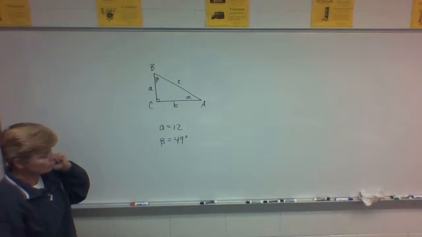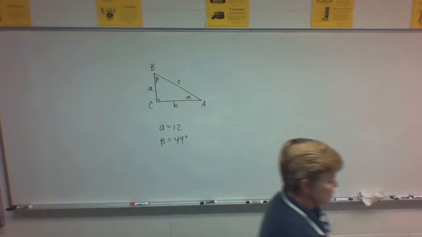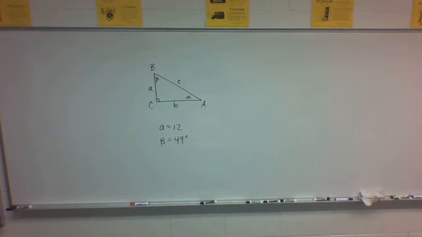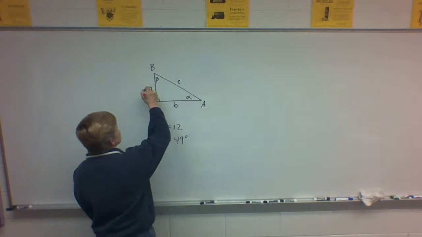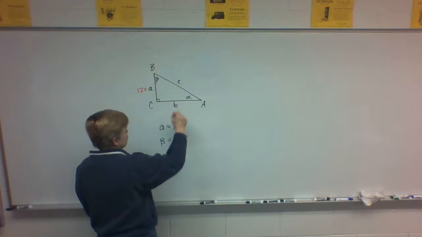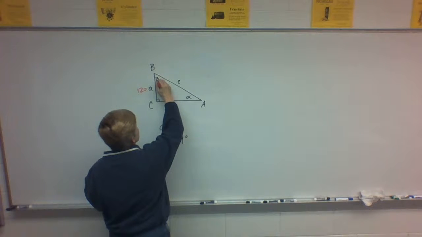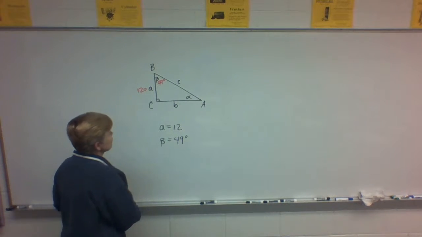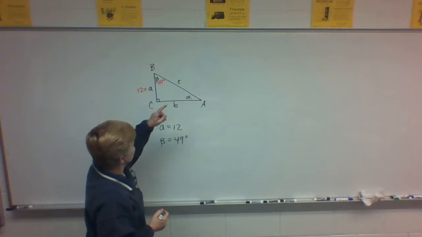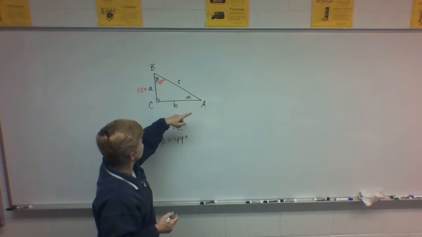That's how they will list it, and then you will put the things in. I write it right in the triangle. So a is 12; I'm just going to write equals 12 here. And then beta is 49; I'm going to put 49 degrees here. Those are things that are given, and I've got to go find capital A or alpha, whatever you want to call it, and little b and little c.